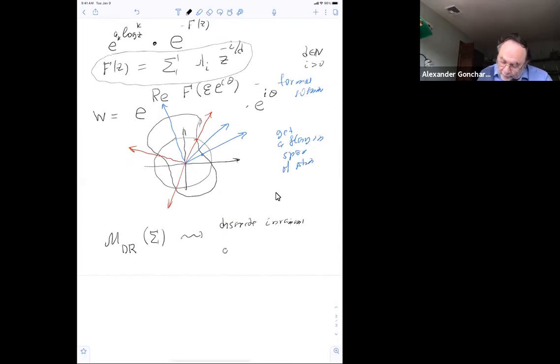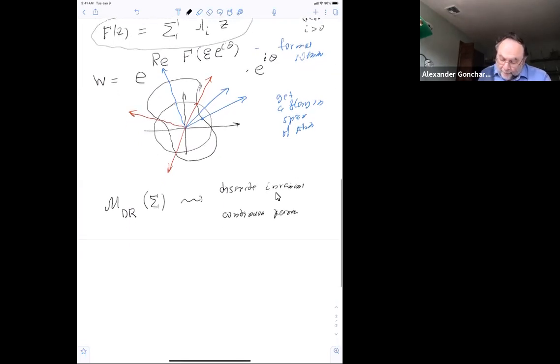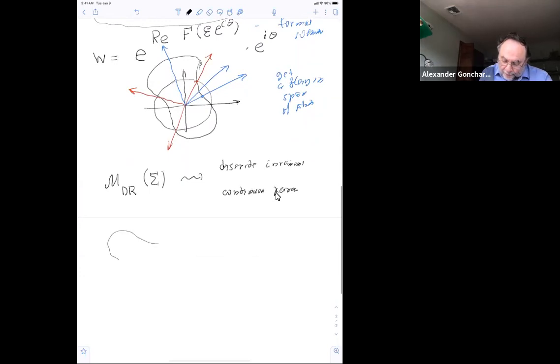And it also has continuous parameters. So when you talk about discrete parameters, the picture is the following: you have your Riemann surface, it has some punctures, and near these punctures, you draw the curves I was talking about.